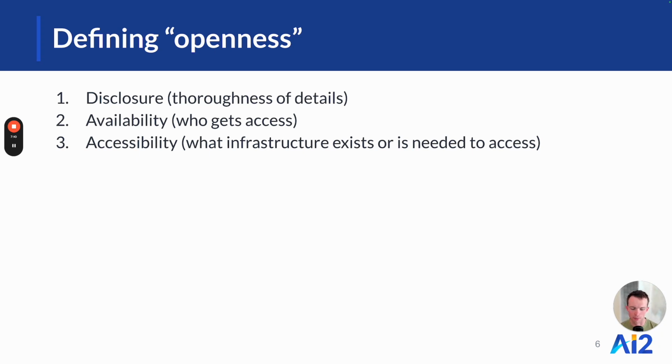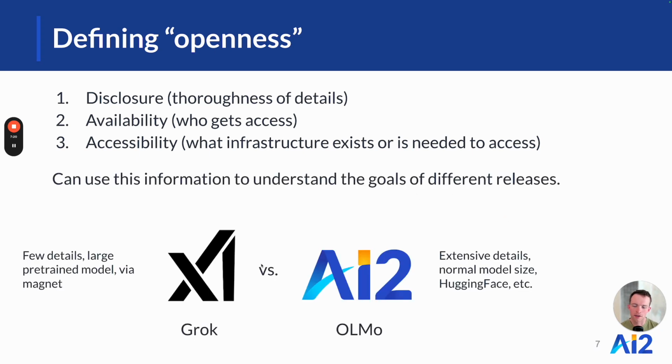We're going to get to an example really soon, but if your language model requires custom hardware that only 2 people in the world have, open sourcing it doesn't really mean anything if you have a monopoly on the silicon that will run it. An example is comparing the openness philosophy of something like Grok versus AI2, where at AI2 we try to release every single thing about our model and give it availability to everyone with permissive licensing.